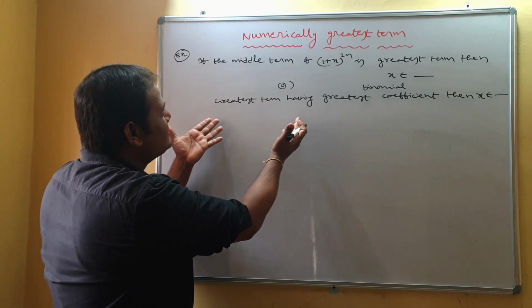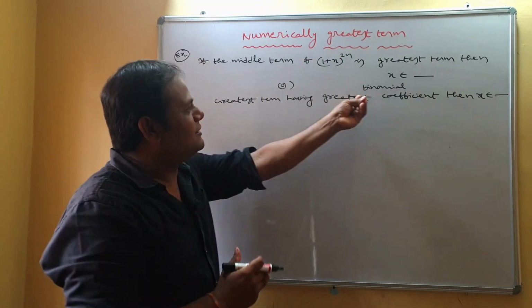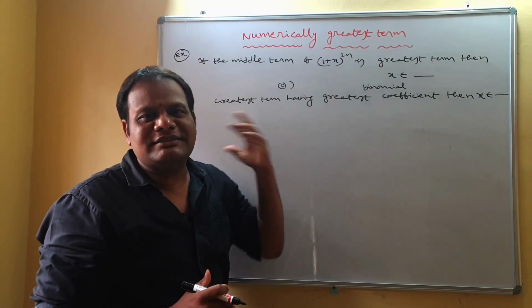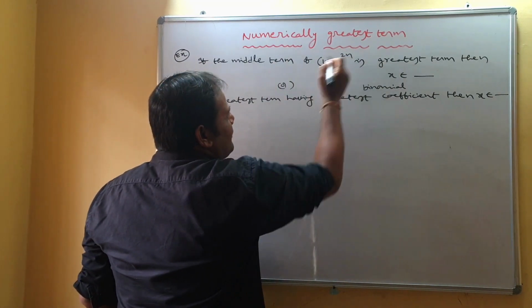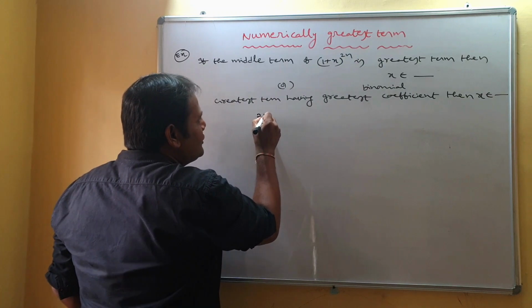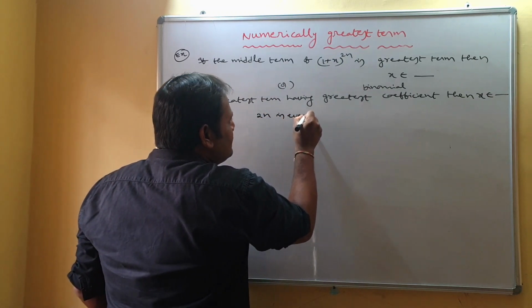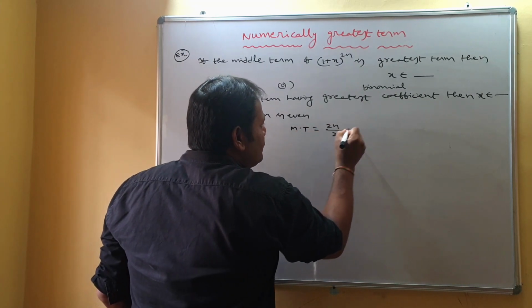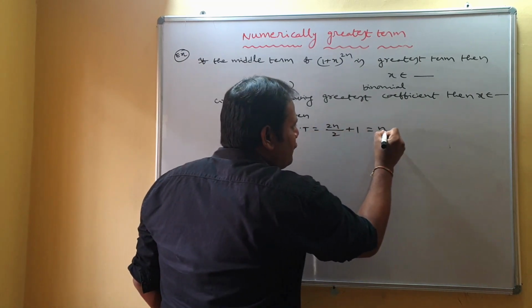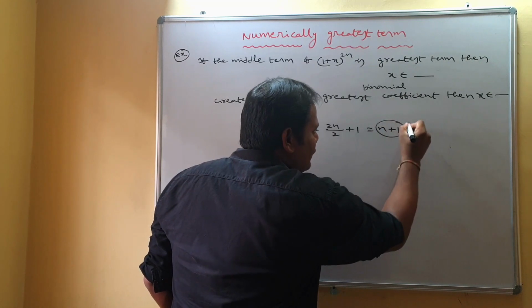So that means the middle term is the greatest term, then what is the range of x? Here you see what is the power? An even number, 2n is even. So you can tell the middle term is the (2n/2 + 1)th term. So what term is it? The (n+1)th term, right?